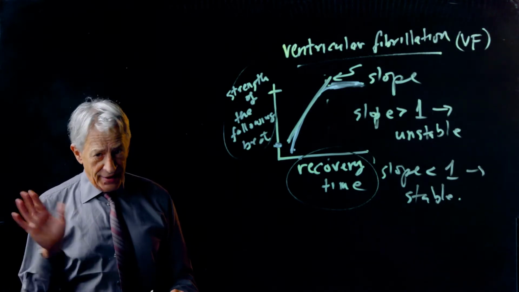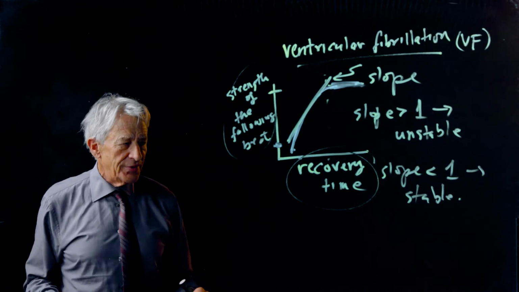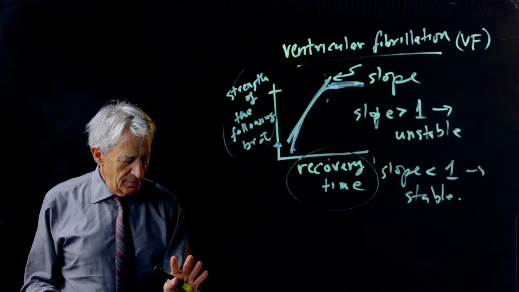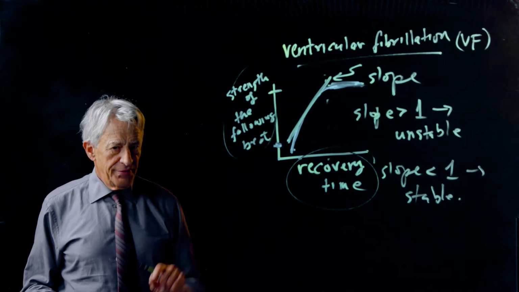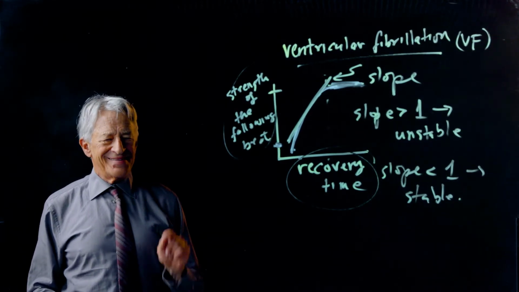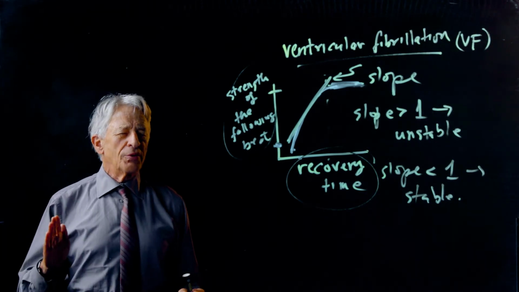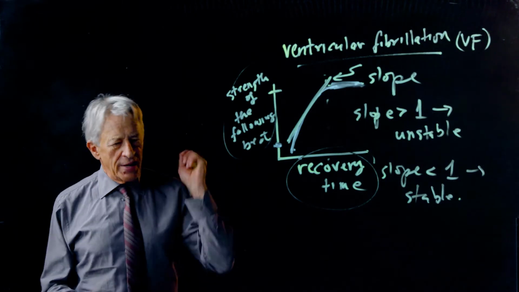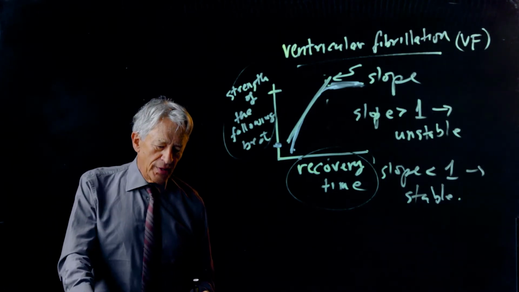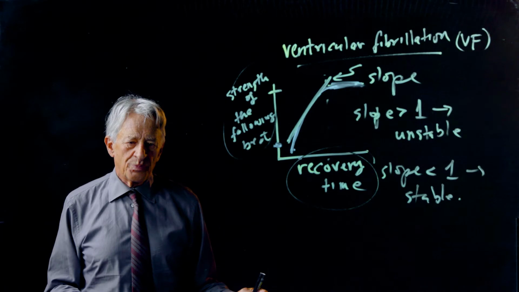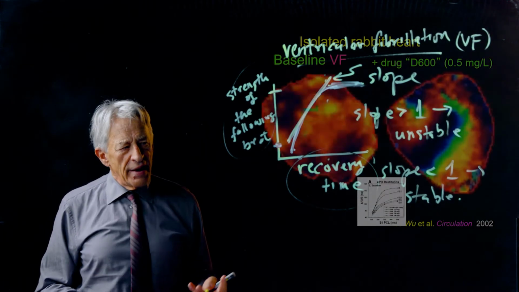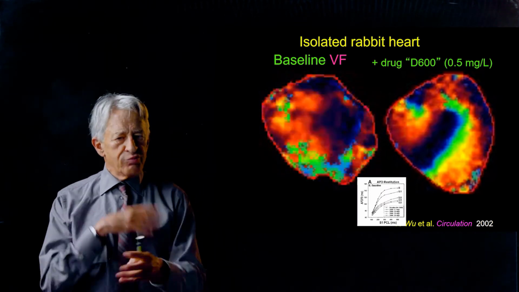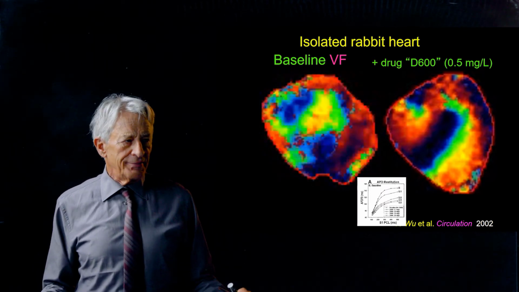It's a fast-acting calcium channel blocker. We won't go into the details of the mechanism there. But the bottom line, as you see in the figure, is this drug lowered the slope of that curve. So now we have an intervention, and we're going to use it. So on the left, you see again the fibrillation in the heart.